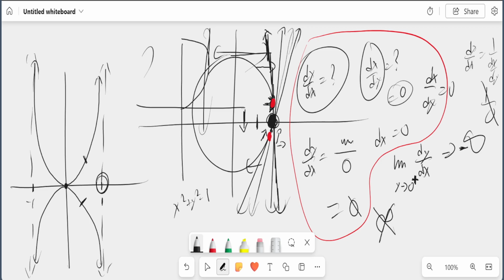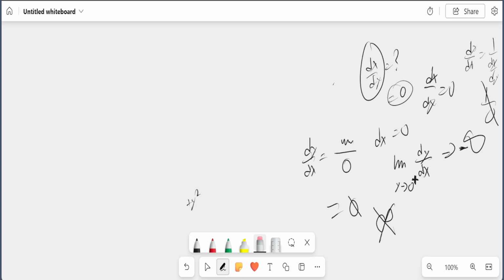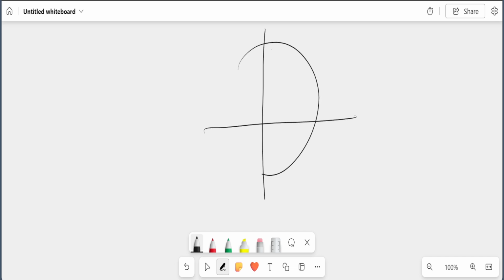Actually, I think I just came up with the easiest explanation. Let me redraw this. It will only take 2 minutes. So essentially, you have a circle. Okay, that's better. So dx/dy as you approach from this side: x is moving positively.